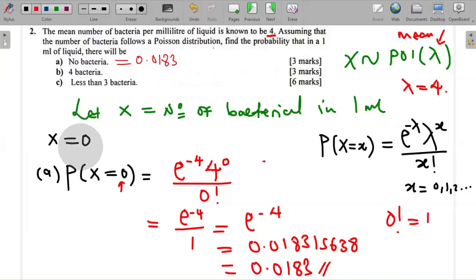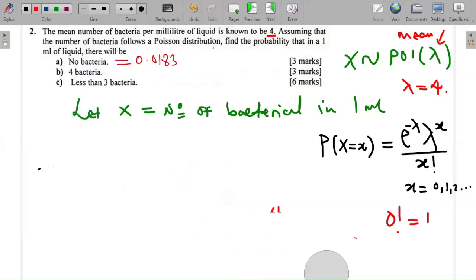Let's look at B. So part B says find the probability that there will be 4 bacteria. So meaning X is equal to 4. Okay, so this will be the probability that X is equal to 4.